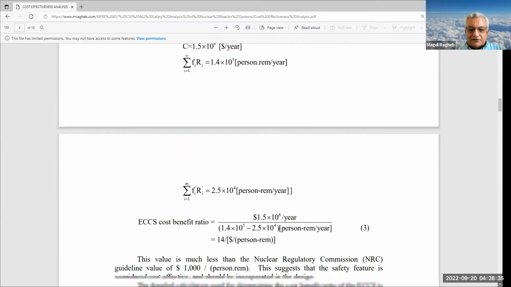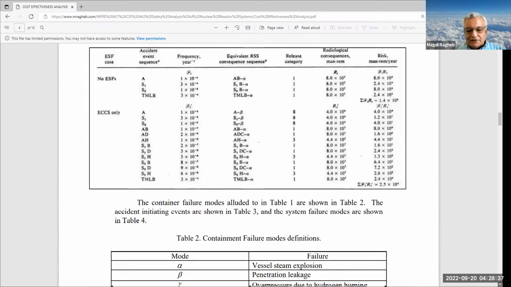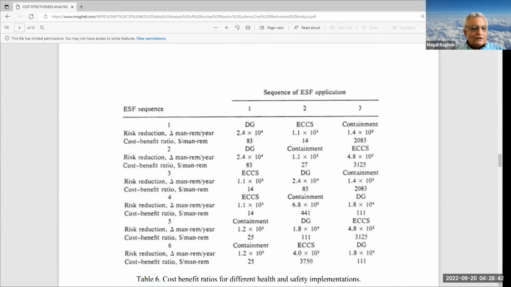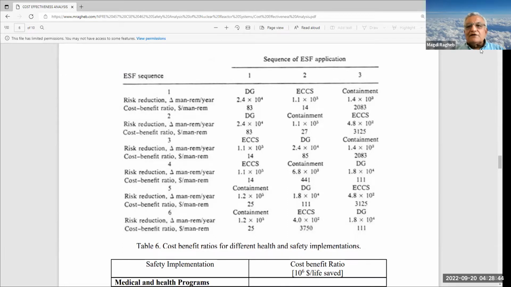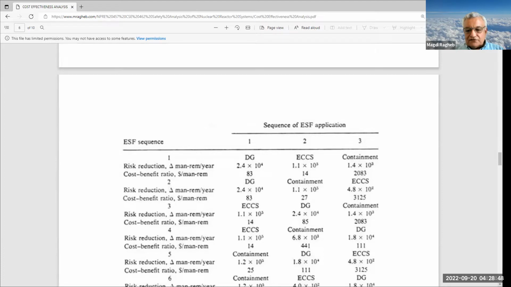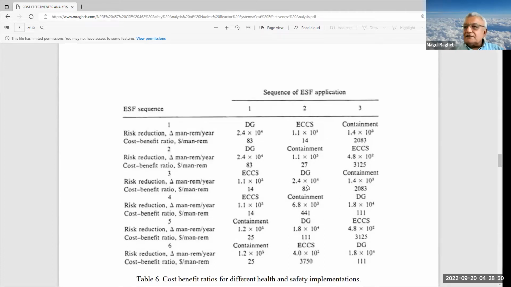In any case, there are other options. So in that case, in an actual design of any engineering system, we consider basically a matrix of the possible additions to the safety system. And you'll find that the order in which you add the different safety features affects the overall risk and affects, in that case, the cost-benefit ratio.